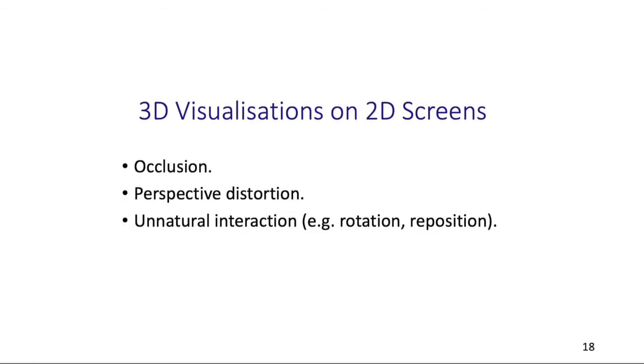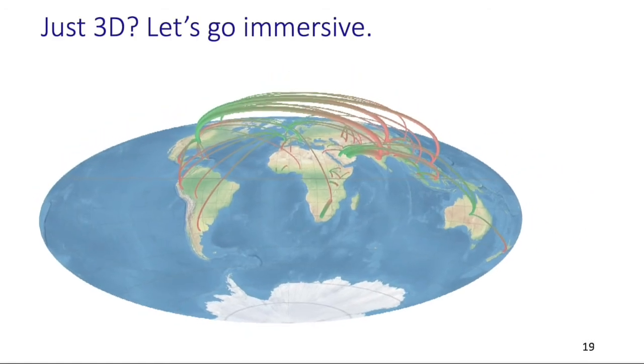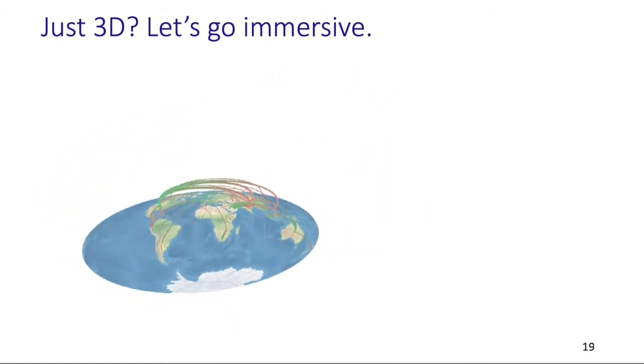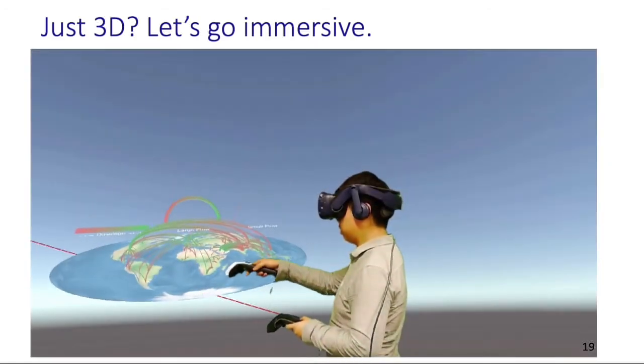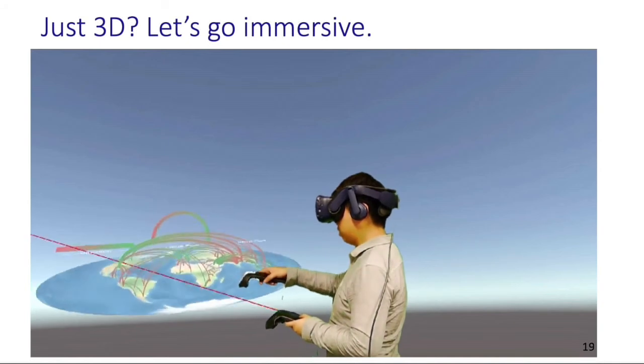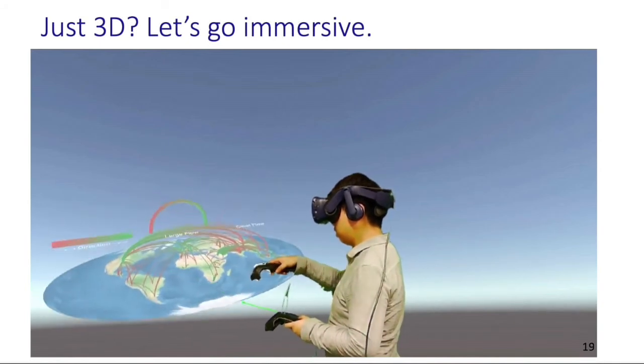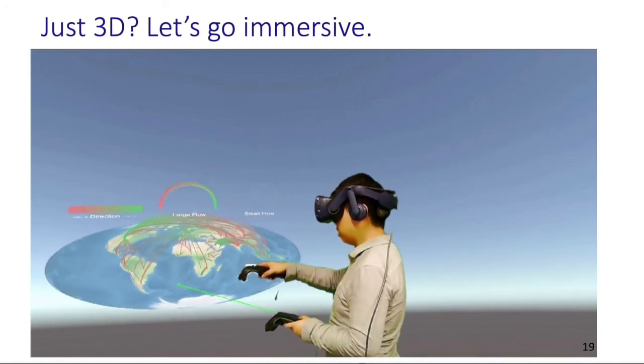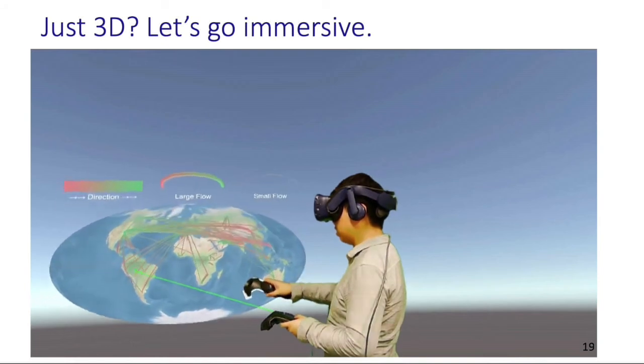From the literature, we understand 3D visualizations on 2D screens have a few limitations like occlusion, perspective distortion, and unnatural interactions. We believe in immersive environments, we can have accurate space tracking and real-time per-eye rendering, which makes it easy for the user to find the optimal viewpoint and manipulate the 3D objects easily.